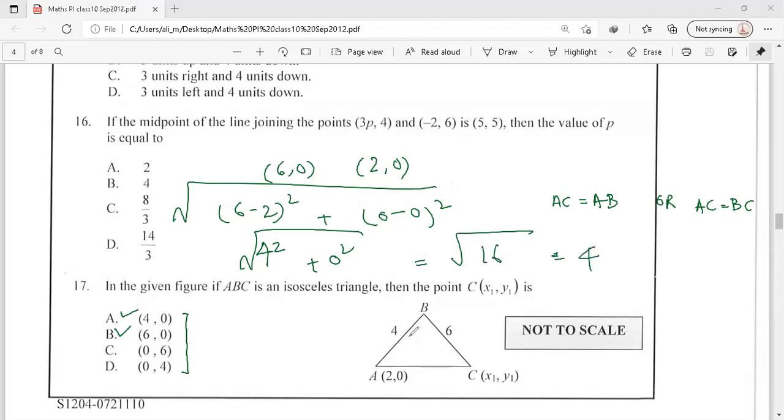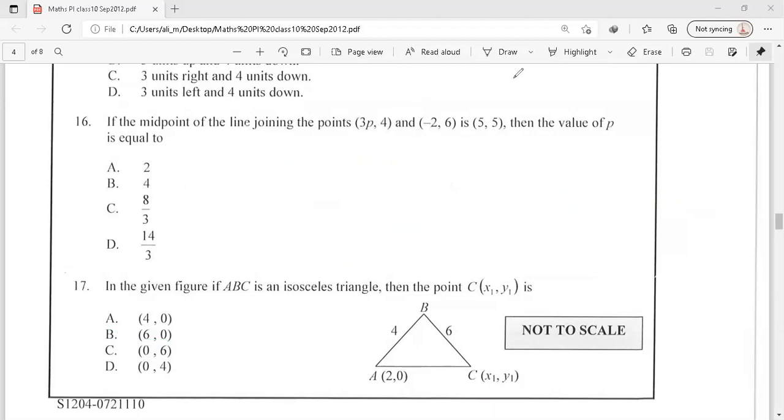So it is equal to 4. So if the value of C is 6 comma 0, the distance between A and C is 4. This makes this triangle an isosceles triangle. So the value of C will be 6 comma 0, that is in option B.